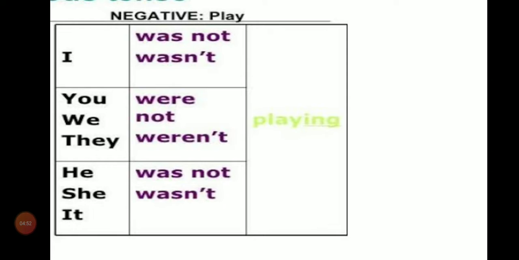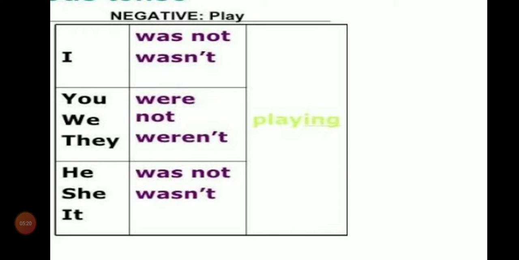We write not, N-O-T, or N-apostrophe-T, this is for the contraction form. As you know, the pronouns I, he, she, and it take was, and then you write not, so you have wasn't or was not. For the pronouns we, you, and they, it takes were, so you have weren't or were not.